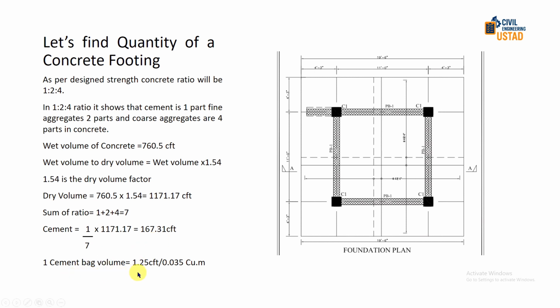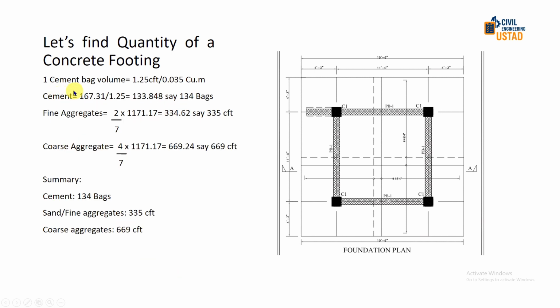One cement bag volume is 1.25 cubic feet or 0.035 cubic meter. So we will divide the value of cement in cubic feet, 167.31 divided by 1.25, which is equal to 133.848 bags. We can round it to 134 bags.